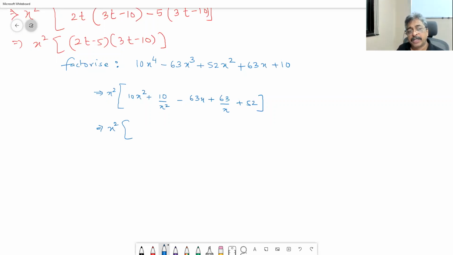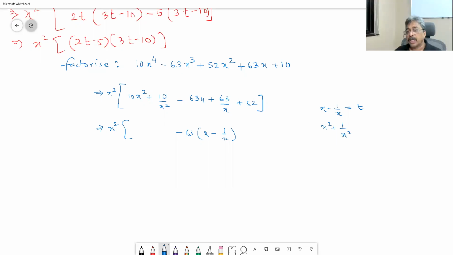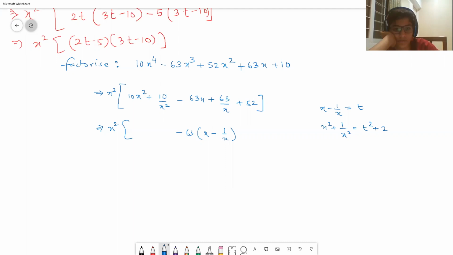So I have x square plus 1 upon x square, but here if I take minus 63 common, I get x minus 1 upon x. So let me substitute x minus 1 upon x as t.